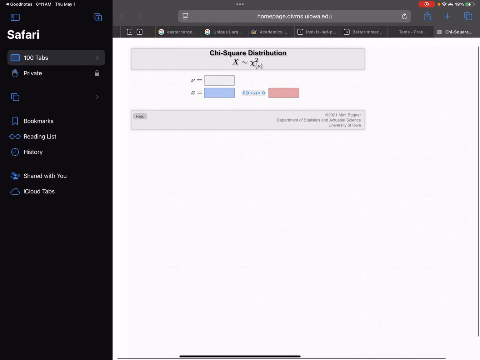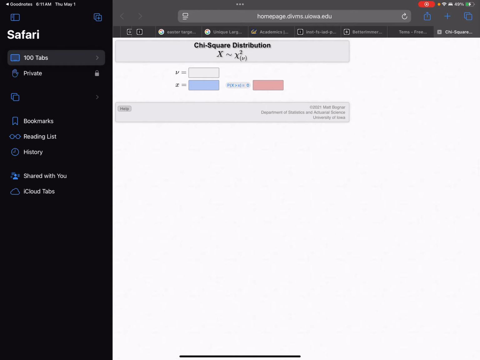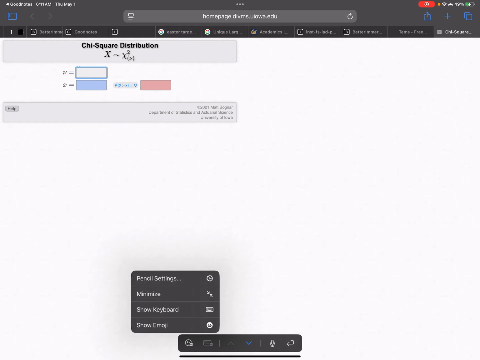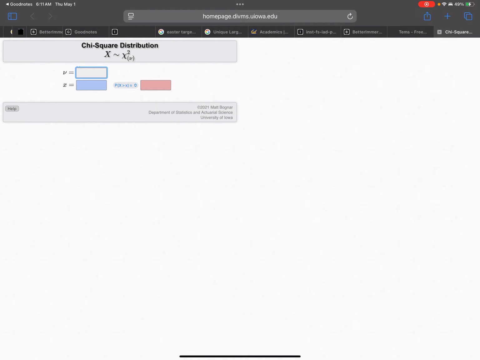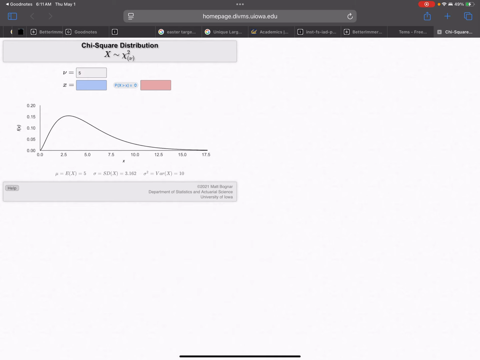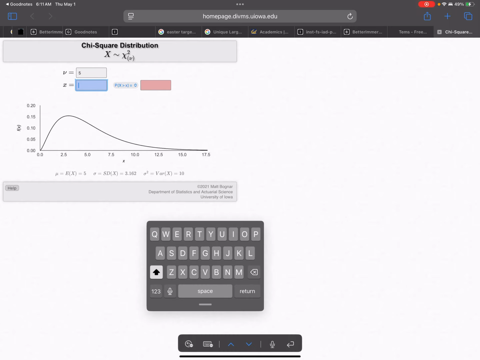Okay, so here's our chi-square distribution. Degrees of freedom, we're going to put 5. And as soon as I do that, I get a sketch of my chi-square distribution. Do you remember my test statistic was 9.4? So I'm going to put in here 9.4.